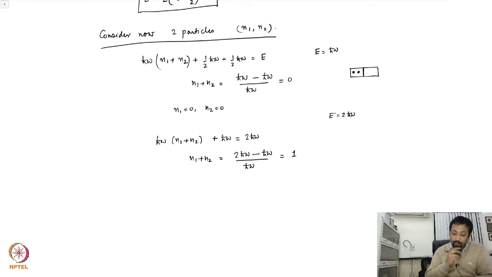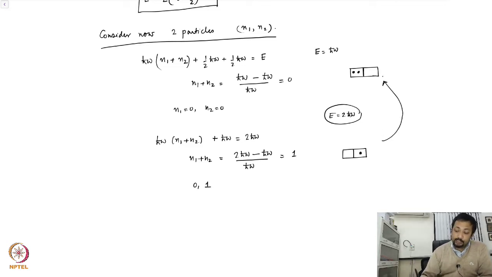So effectively now you have to figure out the combination of n1 and n2 which will give you this total energy 2h bar omega. So one possibility is 0 and 1, right? So therefore this is like having two boxes in which you place one of the particles in this box and no particles in this box.